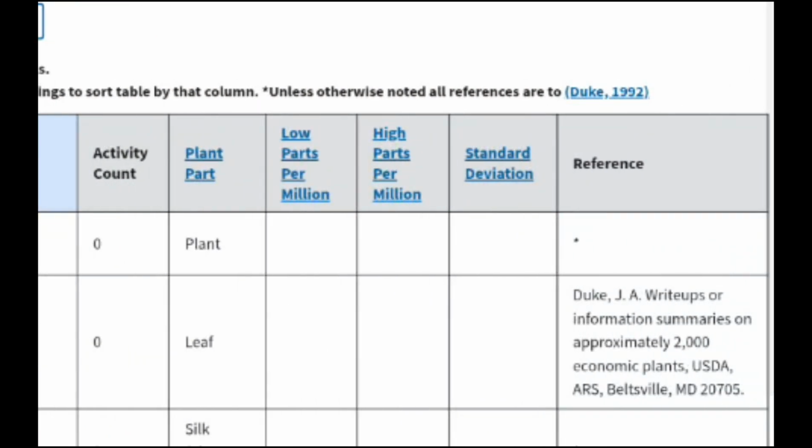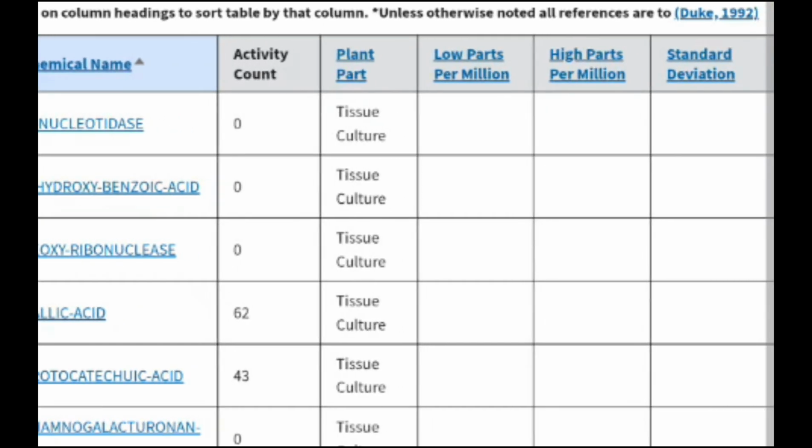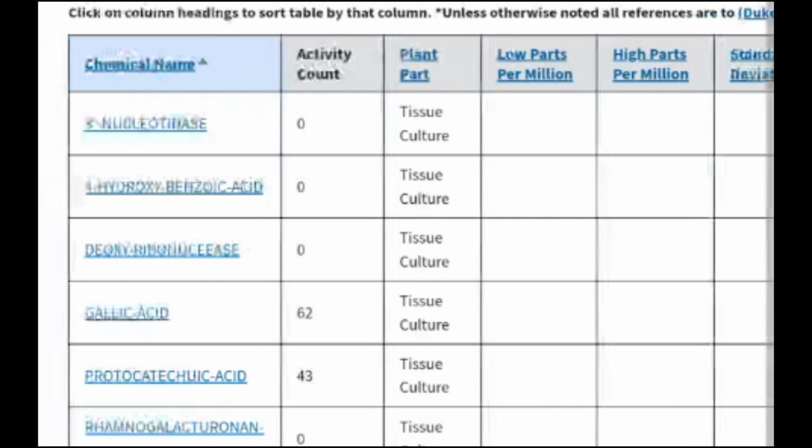We can also apply filters. So we can know the chemical names, the activity count, then the references. We can exclude the ubiquitous chemicals and search.